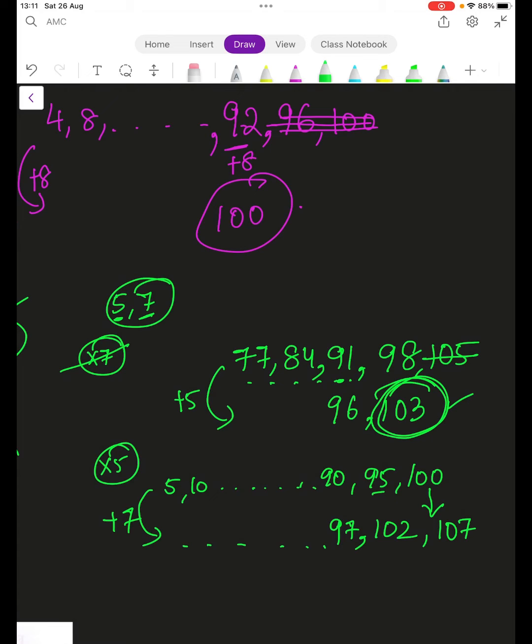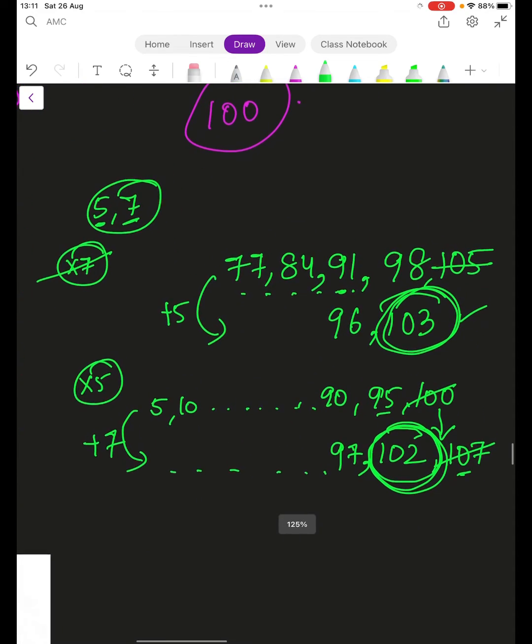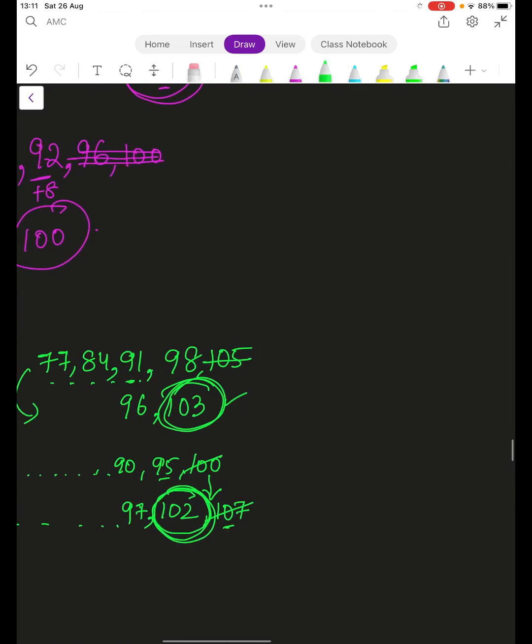Although some children might get confused that 100 actually turns to 107 in this series, but if you look at the rules really carefully, we will not be actually reaching this level, because the game stops the moment you reach a 3-digit number, so it stops at 102, so it will not be able to go to 107.